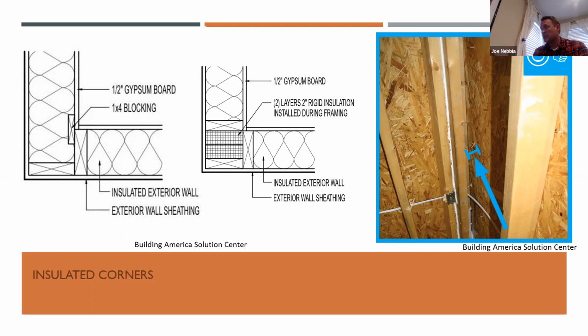In the middle, there's actually still a 3-stud corner that's being used, but it's got rigid foam, in this case, in that cavity itself. But that cavity does need to be insulated. It doesn't say in the code how much insulation, it's just got to be filled with insulation.